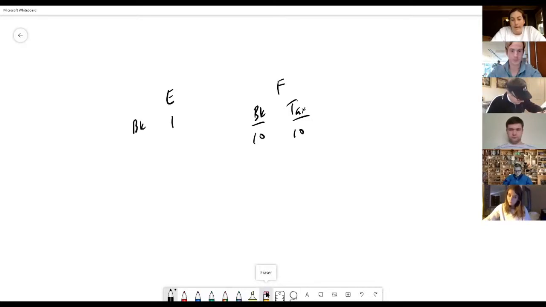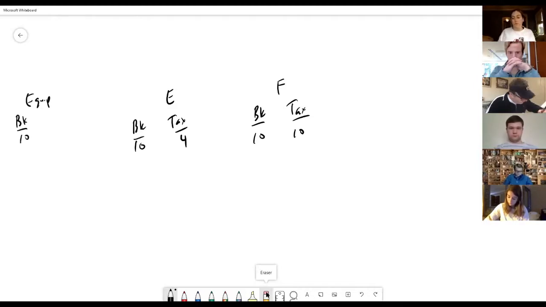E is contributing the equipment. Fair market value of 10, tax basis of 4. So the partnership has this equipment with a book value of 10, an inside basis of 4. And the partnership also takes the 10 of cash that F contributed and buys inventory with a book value and inside basis of 10.